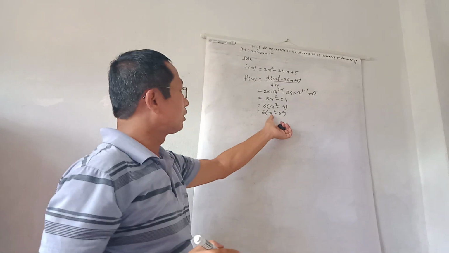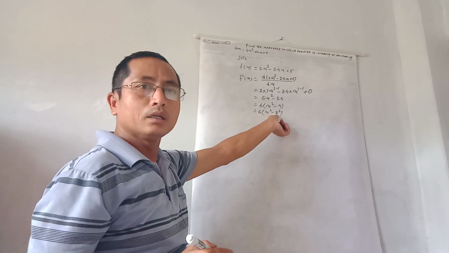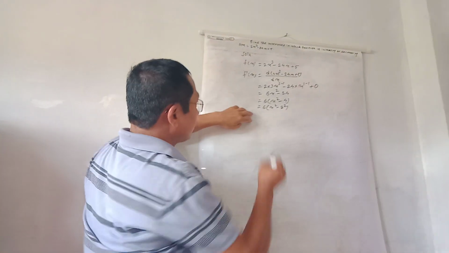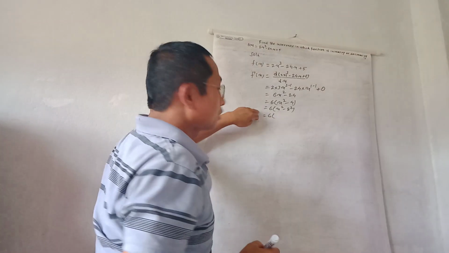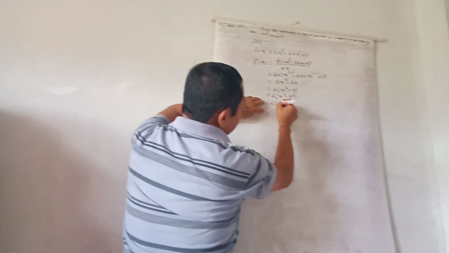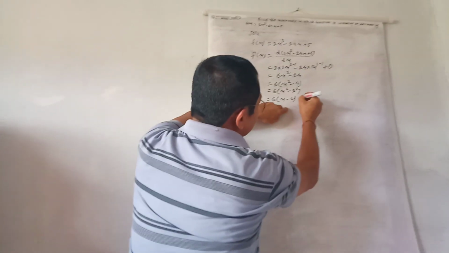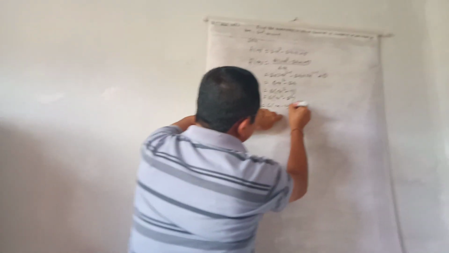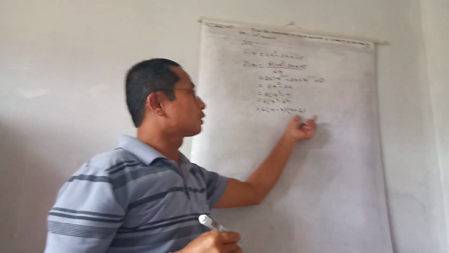Now this is in the form of a squared minus b squared. So using the formula a squared minus b squared equals a minus b into a plus b, we get x minus 2 into x plus 2. Then its derivative is 6 into x minus 2 into x plus 2.